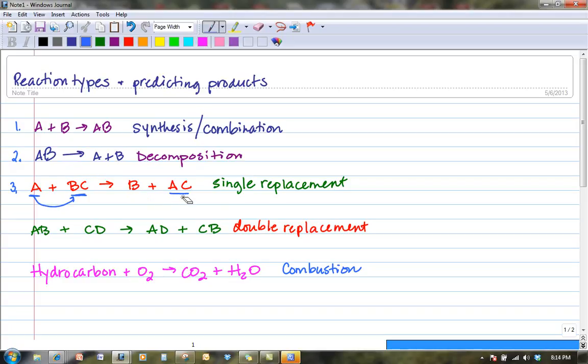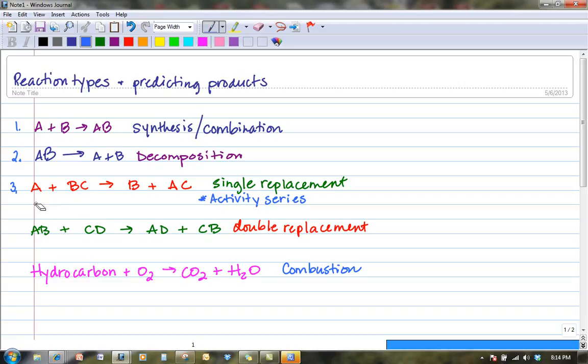And single replacement is different in that you have to use something called the activity series found on the back side of your ChemHelper to determine whether this can go to completion.